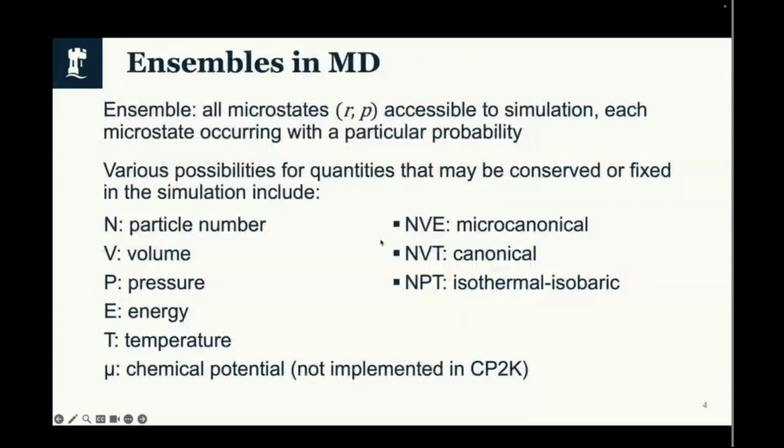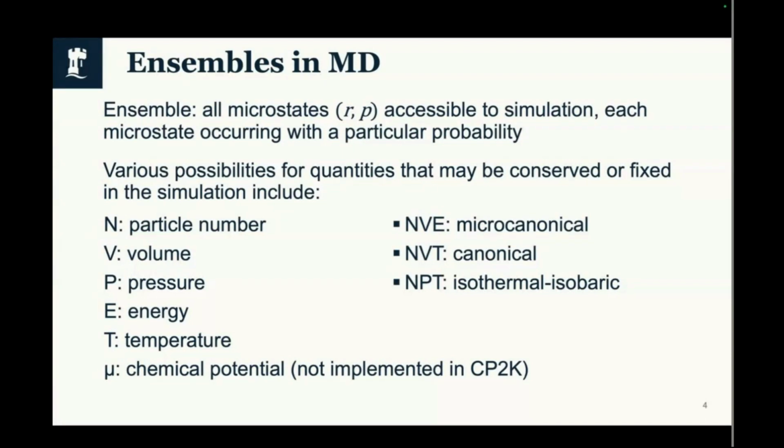So I'll only give a very brief introduction to ensembles and thermostats, because I'd encourage you to refer to the previous training materials that gave much more detail on ensembles and also thermostats.